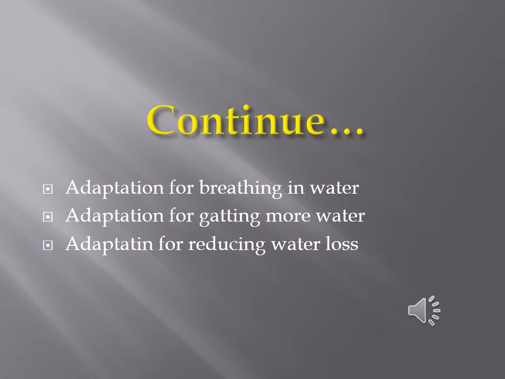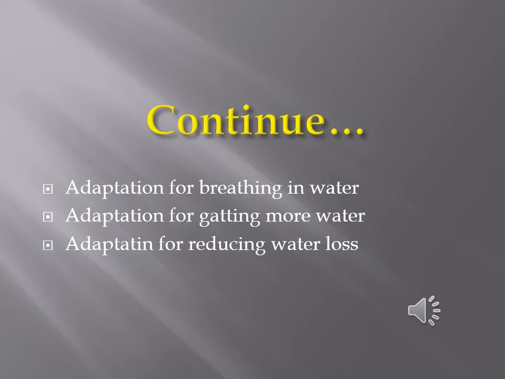Now we move toward our next topic: adaptation for breathing in water. Some mammals that live in water have special nostrils or a nose that allow them to breathe in air. They have to come up to the surface of the water or the sea to take a breath.